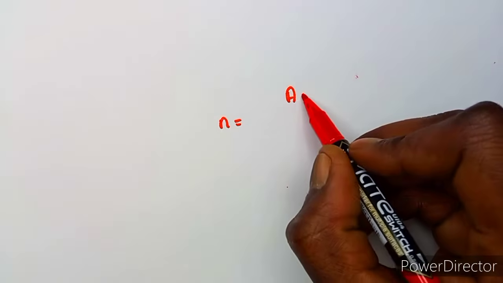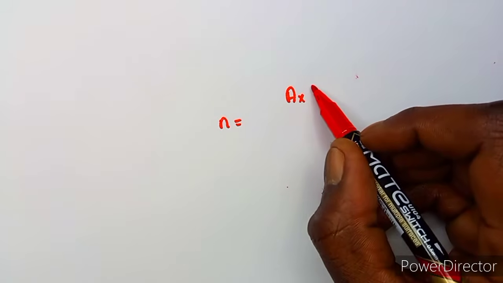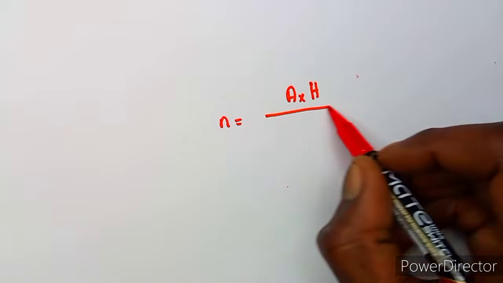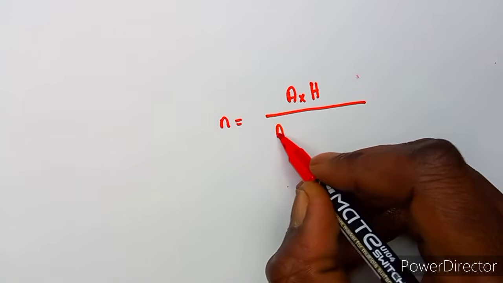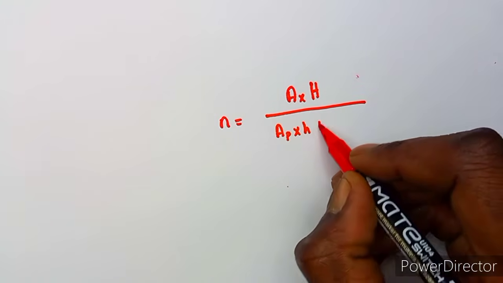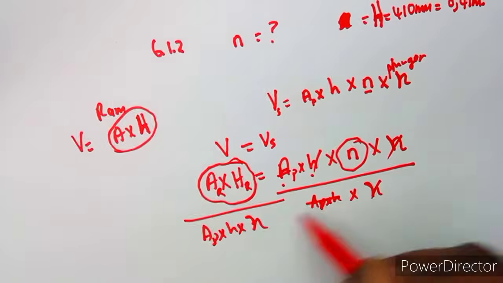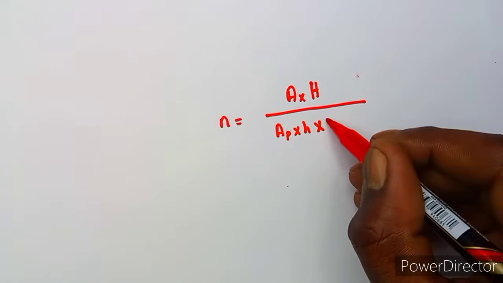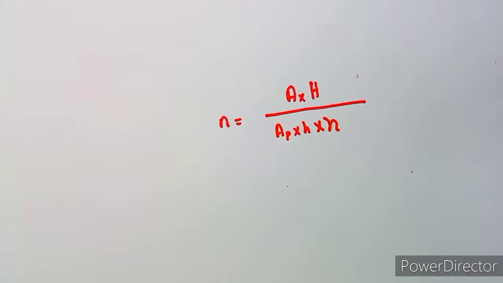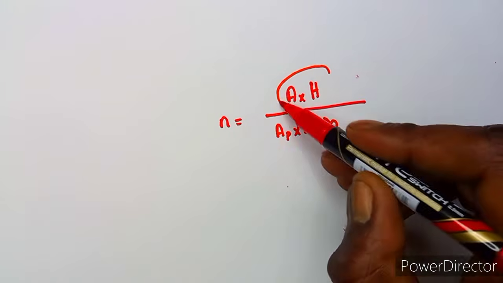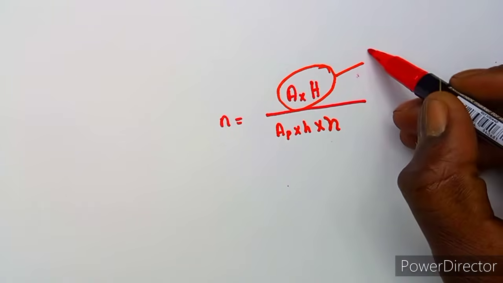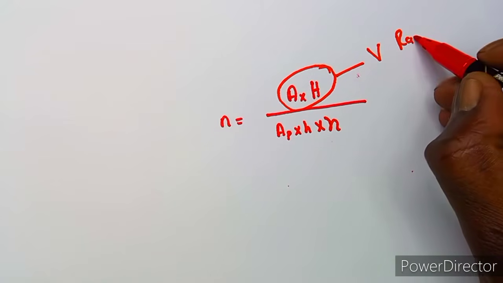That equals the area on the ram, which is actually the volume, so it's area times the height over the area on the plunger times the height times efficiency, because we divided by efficiency in order for us to remain with N. So all we need is the volume that you are going to have on the ram.